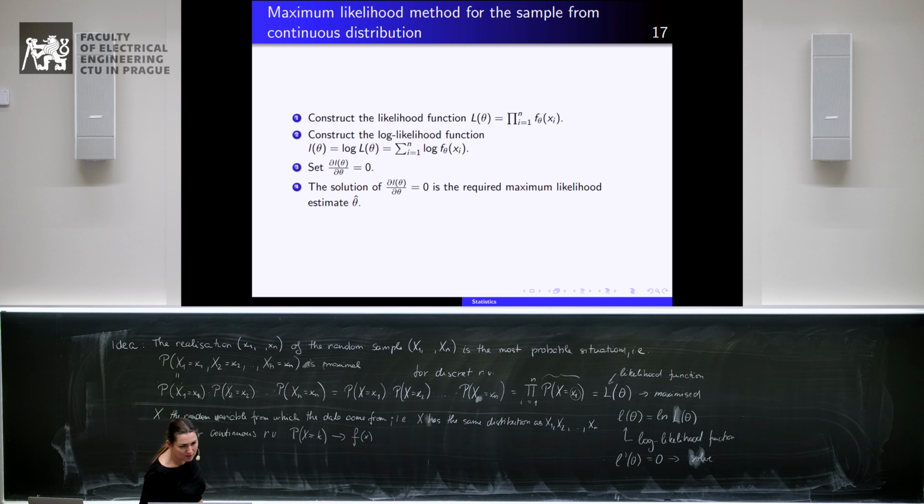So, as you can see in the slide, the likelihood function is constructed as the product of densities instead of these probabilities. And the log likelihood function is in fact the logarithm of this density. So the only difference is when we construct the likelihood function, that it is the product of the densities instead of the concrete probabilities.